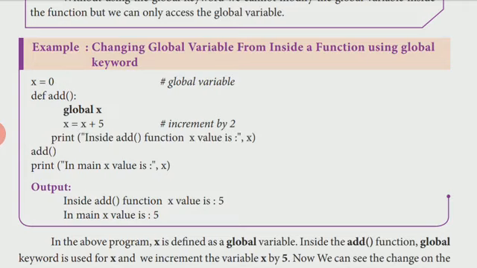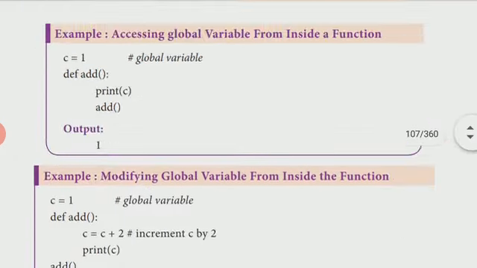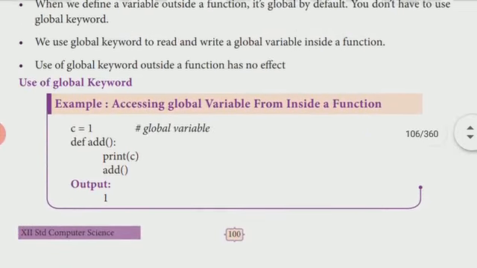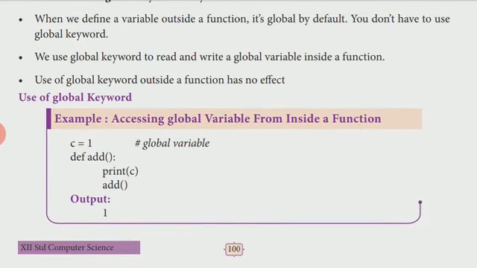So if you want to use it like this, then you should use the keyword global. The lifetime of a global variable is the entire program; anywhere you can use it. If you modify it within the function, you have to give the global keyword. Otherwise, you can simply use it like ordinary variables.